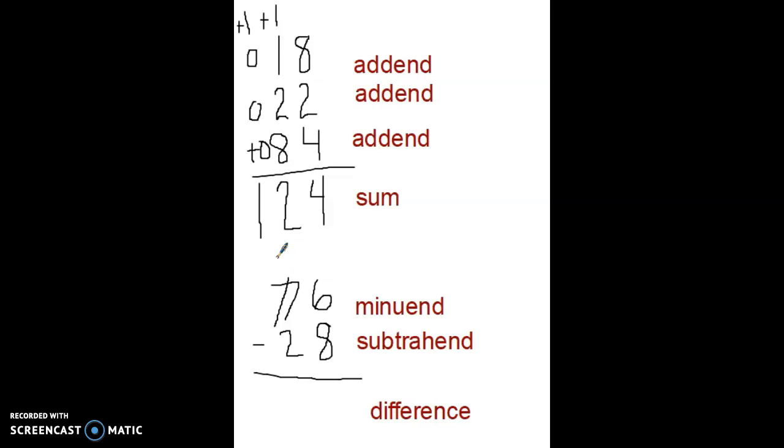Wait, I don't know. 7 minus 1 is... 8? No, that's 7 plus 1. That's 7 minus 1. 6. Very good. So I'm going to write a 6 up here because now I have 6 tens.